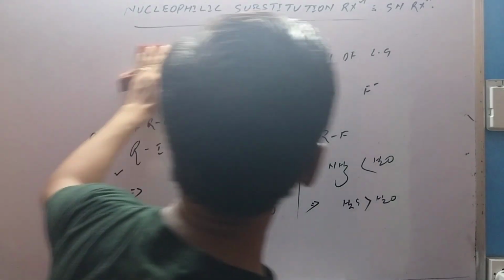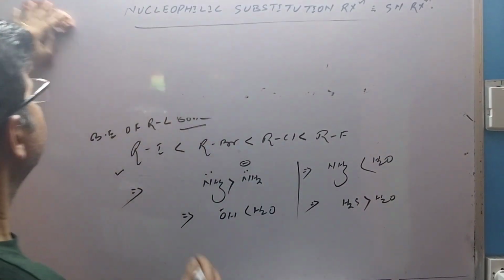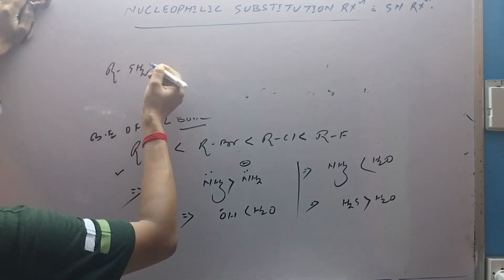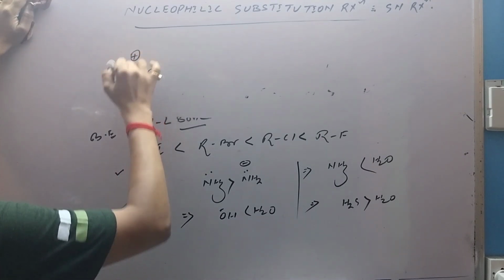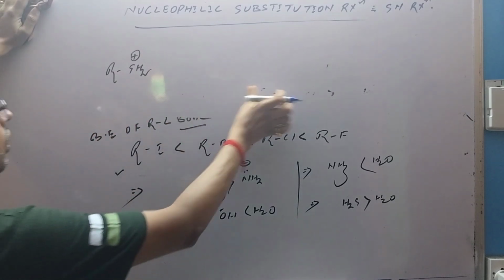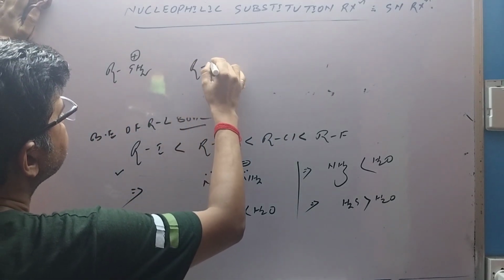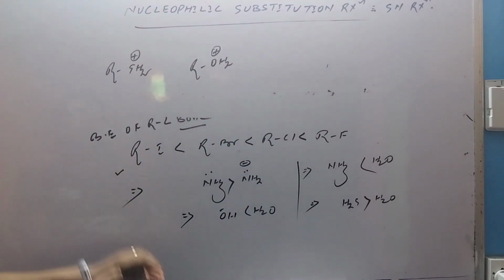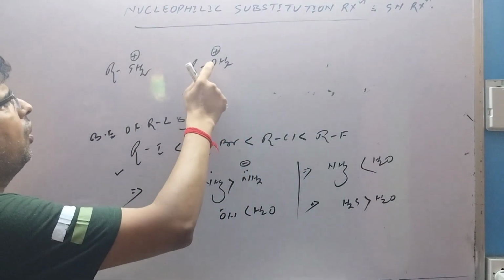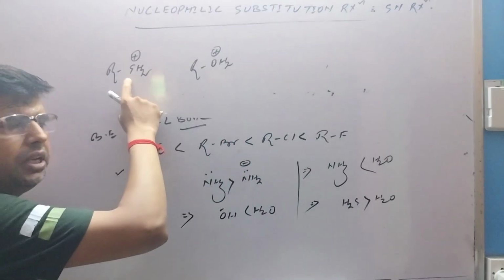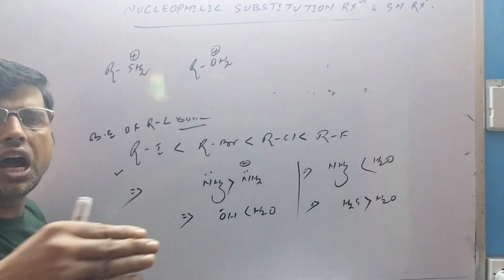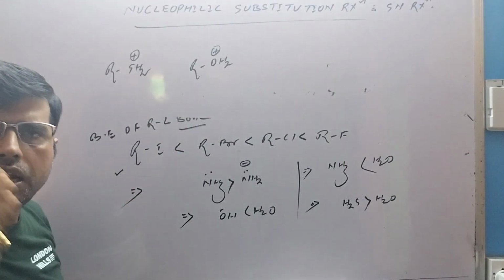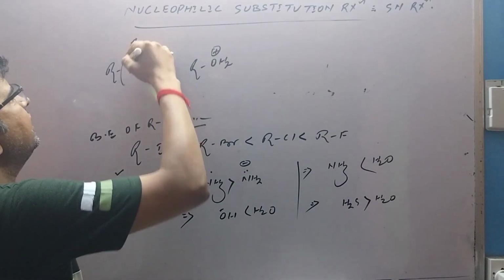Second point of analysis, if we consider the substrates bonded with SH2, definitely S has positive charge as it has 3 bonds, and in the other case OH2 positive. See, the size of atomic orbital: oxygen is 2p, sulfur is 3p. As the size of atomic orbital is larger, bond length is large, bond energy less, bond cleaves easily.